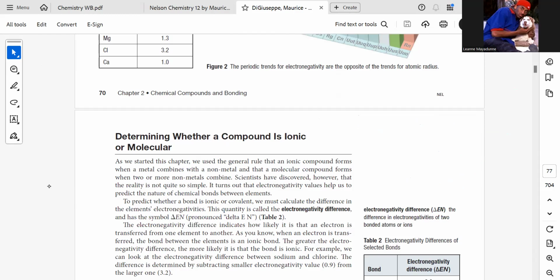So there is an electronegativity chart. In that chart, if the delta EN is between 0 to 0.5, that is pure covalent.